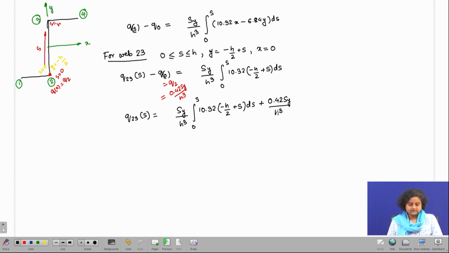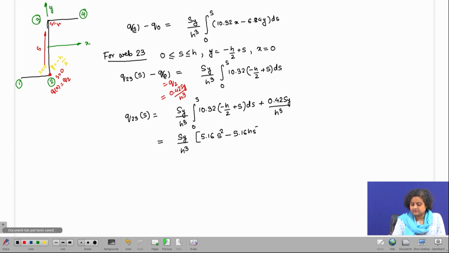Now, we can evaluate this integral, and if we evaluate it, we will see that the solution is Sy by H cube into 5.16 S square minus 5.16 Hs plus 0.42 Sy by H cube. So that is Q23S.